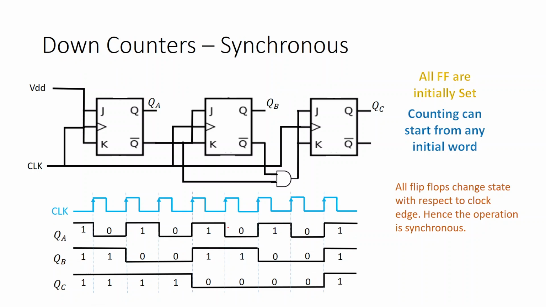That is what we are trying to catch here. So Q bar is what we connect to the AND gate and then tie to J and K. This is how the down counter is constructed.